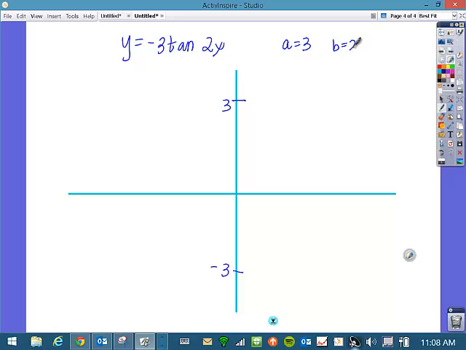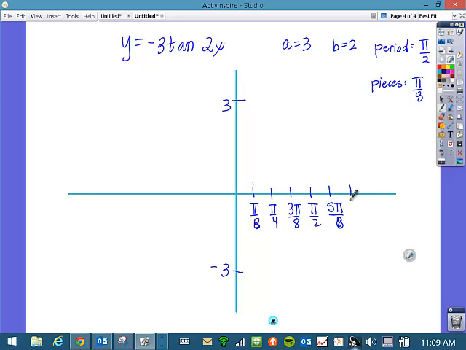B is 2, so that would make our period pi over 2, and that would make our pieces pi over 2 times 1/4 is pi over 8. So each piece is pi over 8. So pi over 8, 2 pi over 8, which is pi over 4, 3 pi over 8, 4 pi over 8 is pi over 2, 5 pi over 8, 6 pi over 8 is 3 pi over 4.